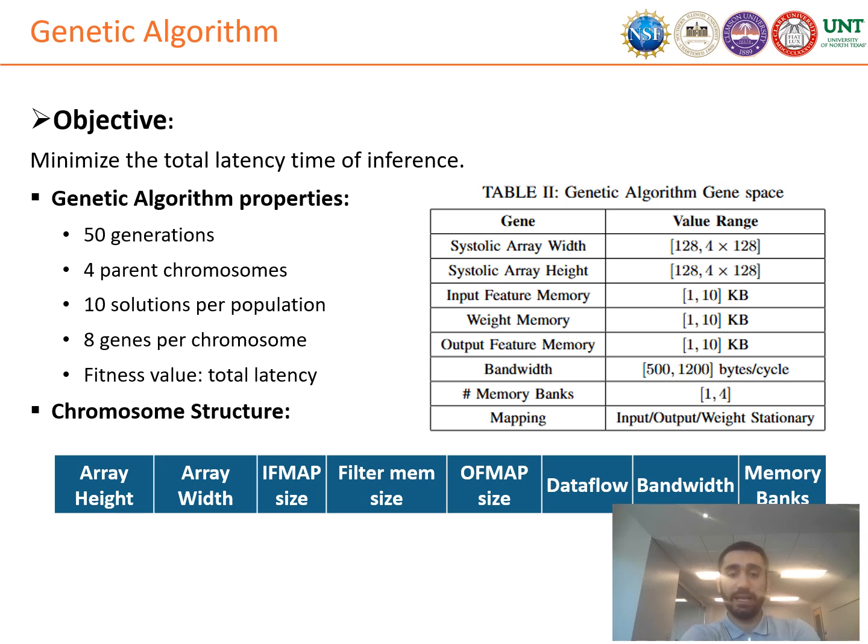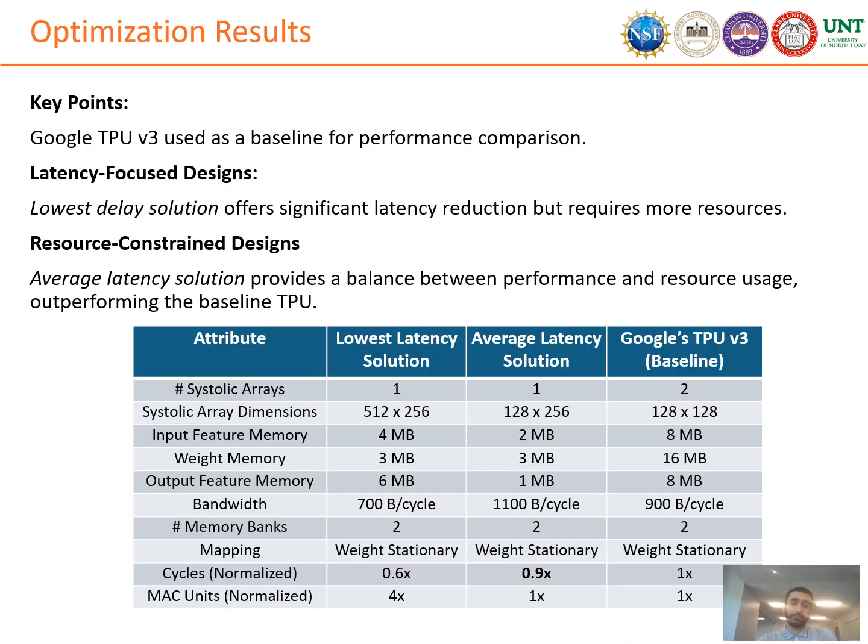For the genetic algorithm properties, we use 50 generations, 10 solutions per population, 8 genes per chromosome, and finally the fitness value is total latency.